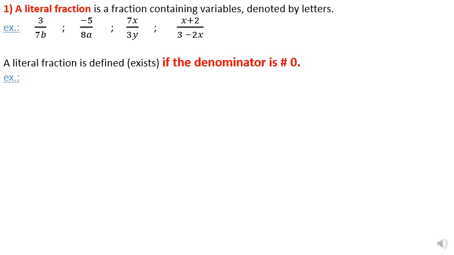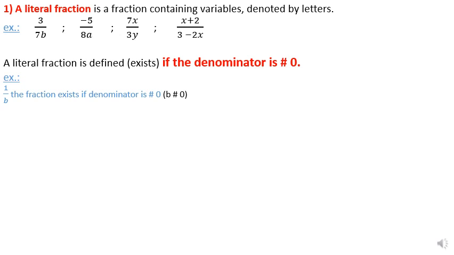What's that condition? In the first one, we have 1 over b. I can use this fraction just in case b is not 0, because if you have 1 over 0, you're going to have a syntax error. So b could be any number except 0.